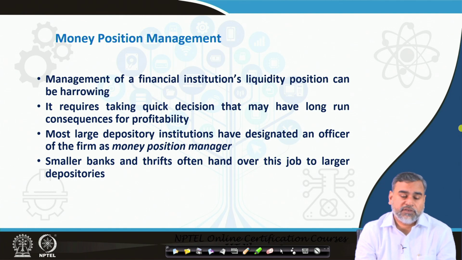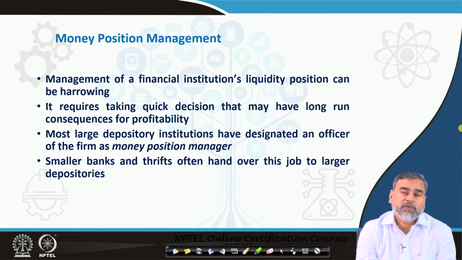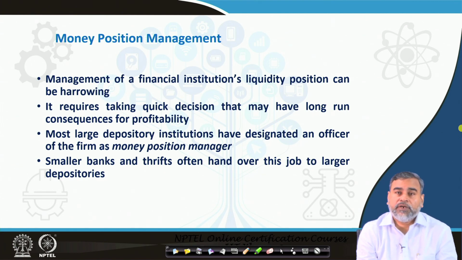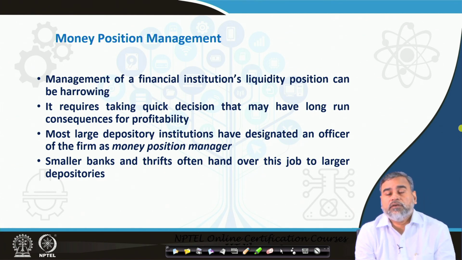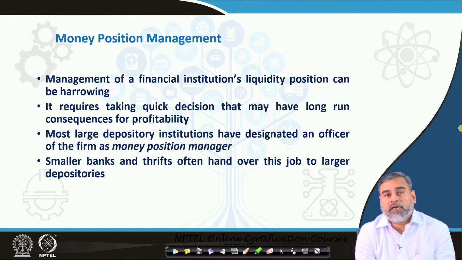Money positions refer to highly liquid instruments, and how much of them should be kept, because there is a trade-off between liquidity and profitability. Why do we say this is a worrisome matter? If they maintain high cash, their profitability gets affected, and if they go for high profitability, then their liquidity gets affected.